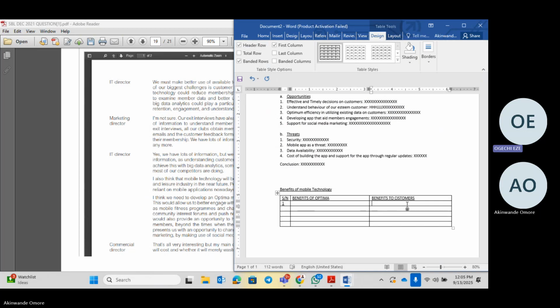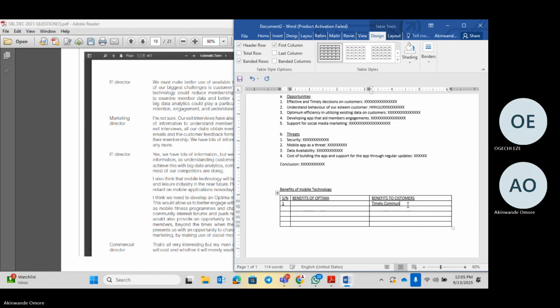Improved communication between Optima and its customers, or timely decision making for Optima.